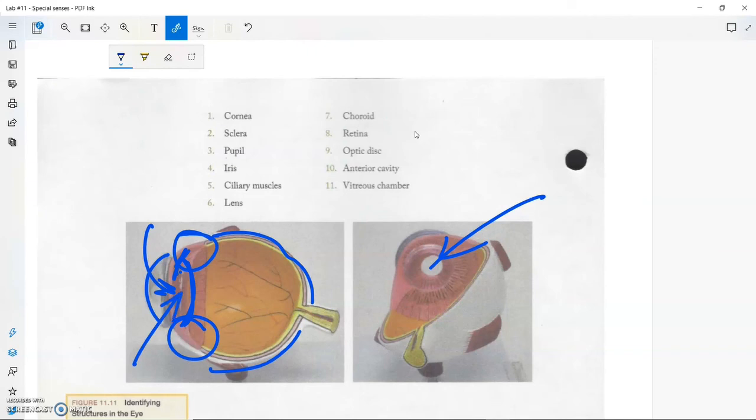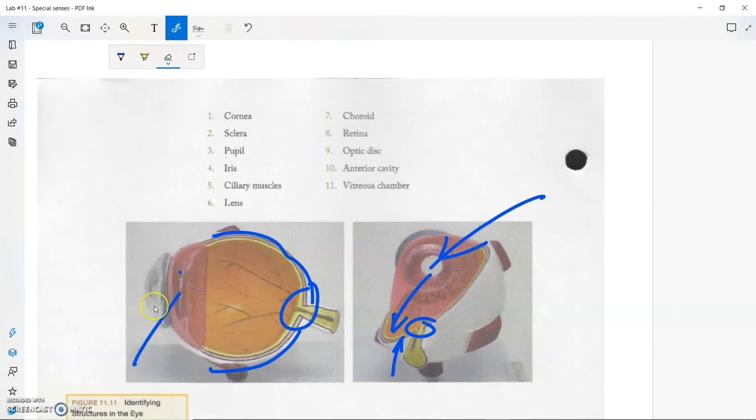Choroid, that's the brown layer. Retina is the yellow layer. Optic disc would be here and here. Anterior cavity would be this part, and vitreous chamber would be this part.